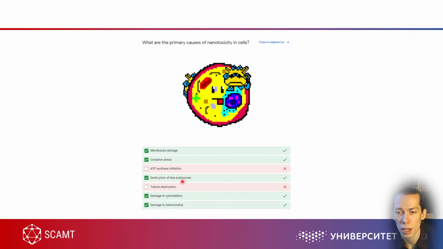And tubulin destruction: tubulin is a protein involved in the formation of chromosomes and in mitosis, but also I never saw a specific type of nanotoxicity with tubulin destruction. So nope. All of the other things can happen.